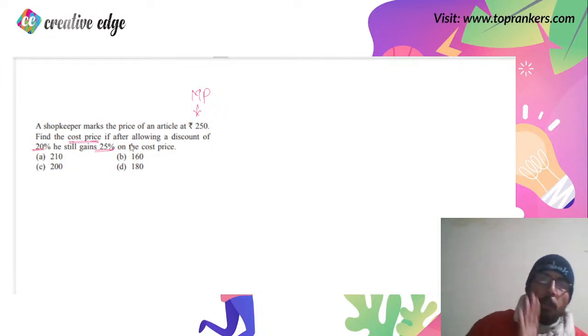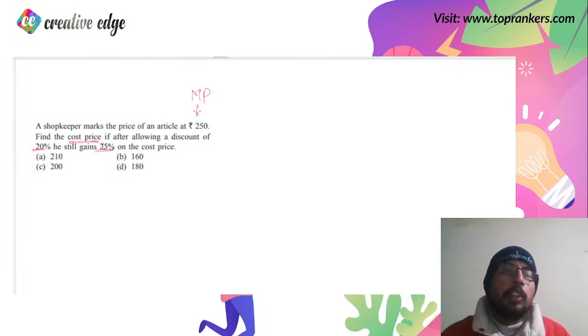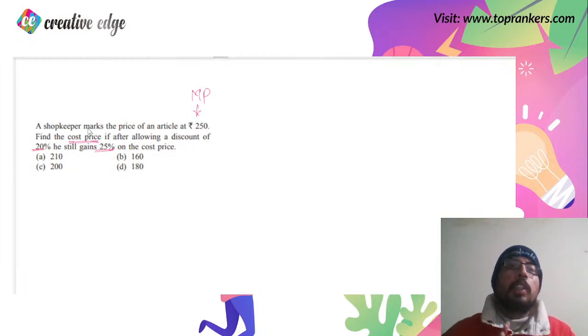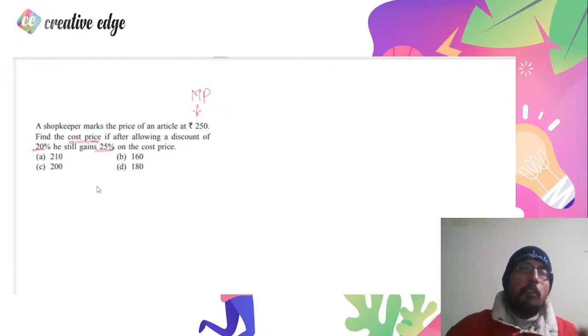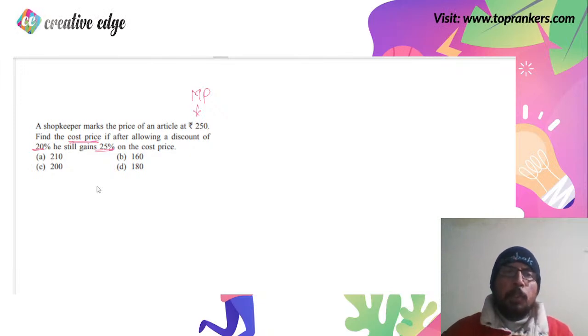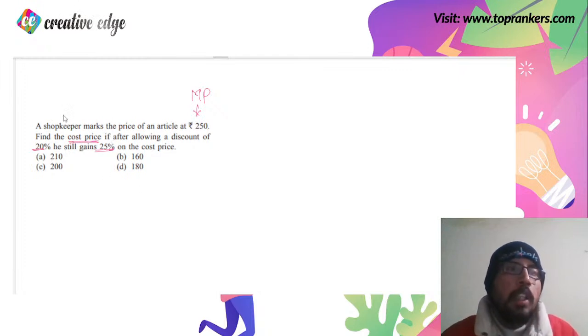Now again, there are two approaches of solving this question. One is the traditional approach, or you can say the literal approach, that is whatever is said in the question, we will be following that. And the second approach I will be discussing after I discuss the general approach.